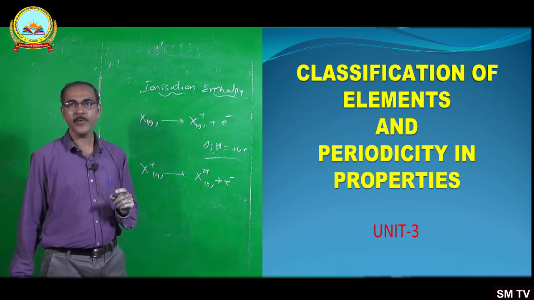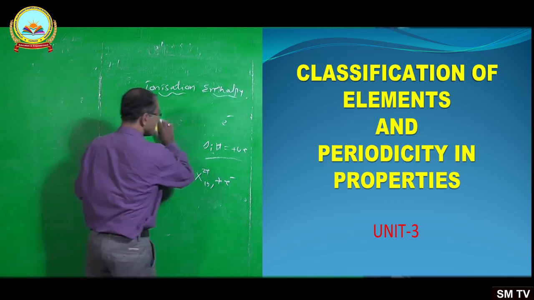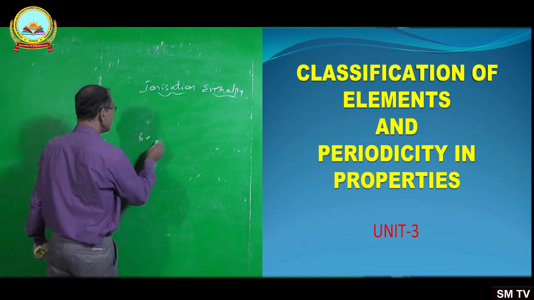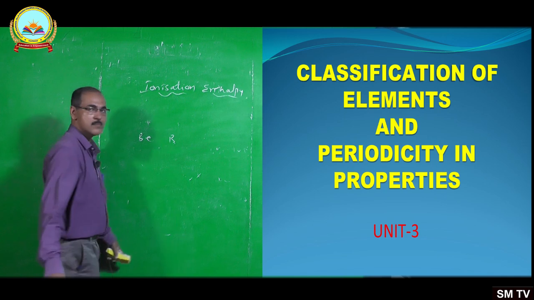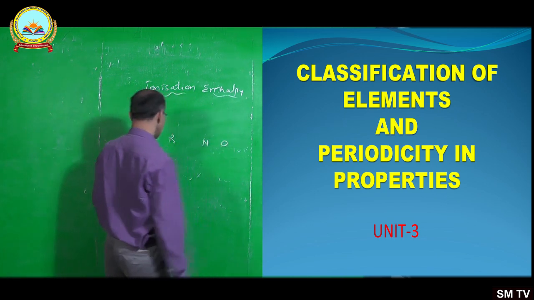But in between you have to observe some abnormalities. Where are the abnormalities? In the second period elements, you have beryllium and boron. On this side you have nitrogen and oxygen.